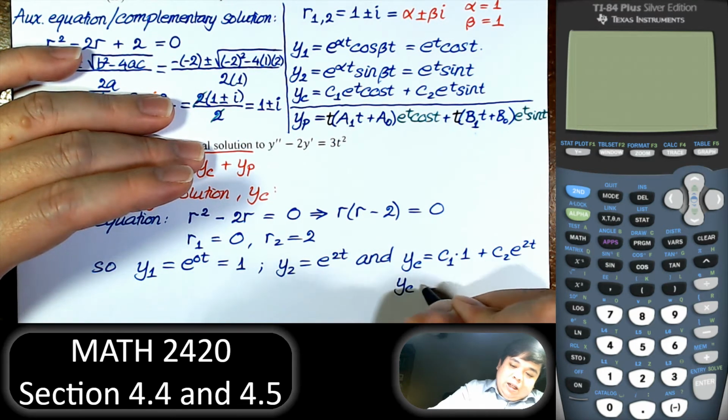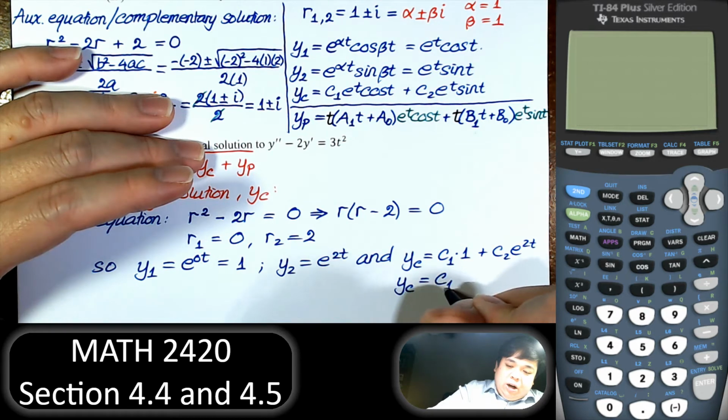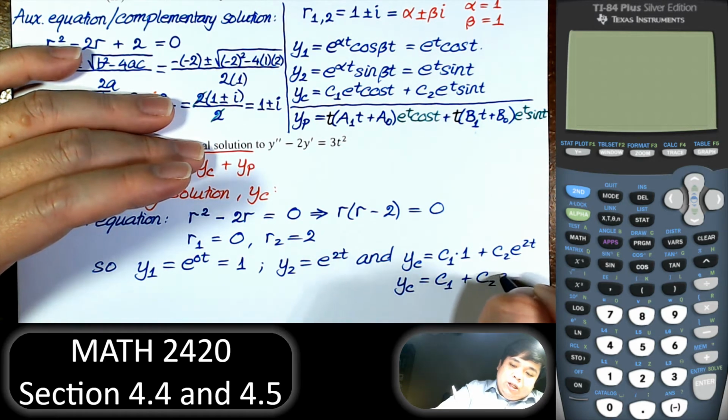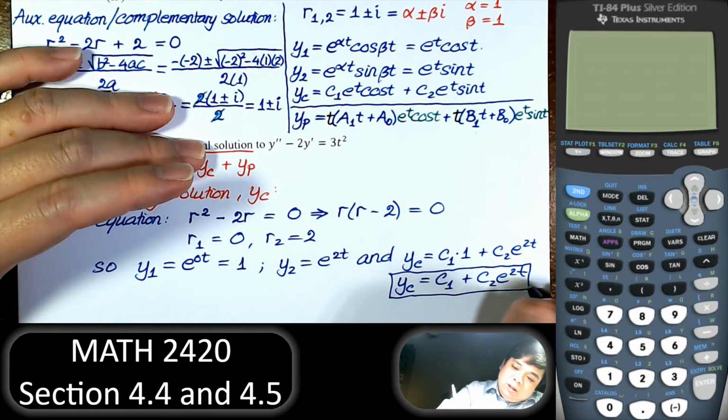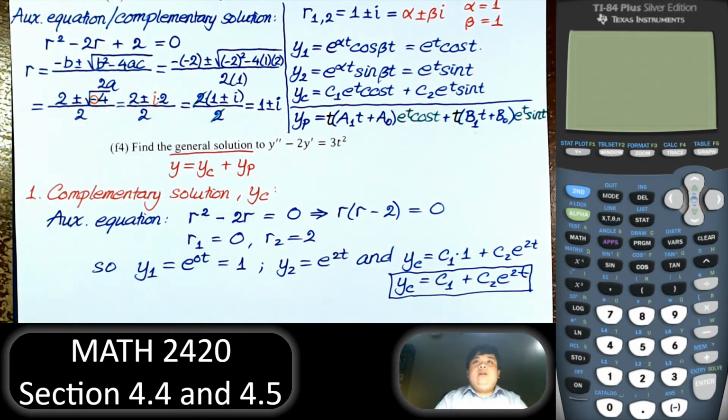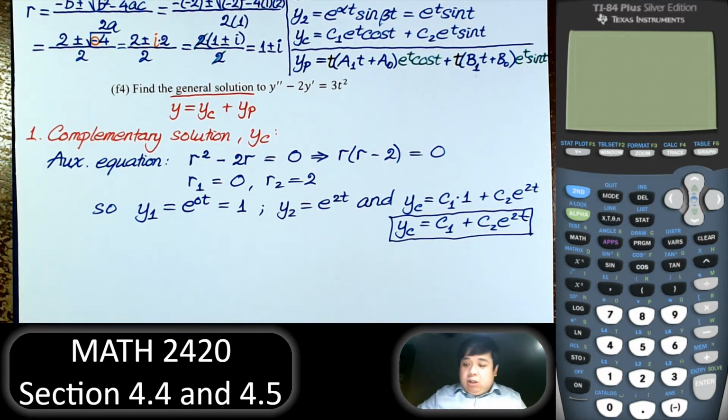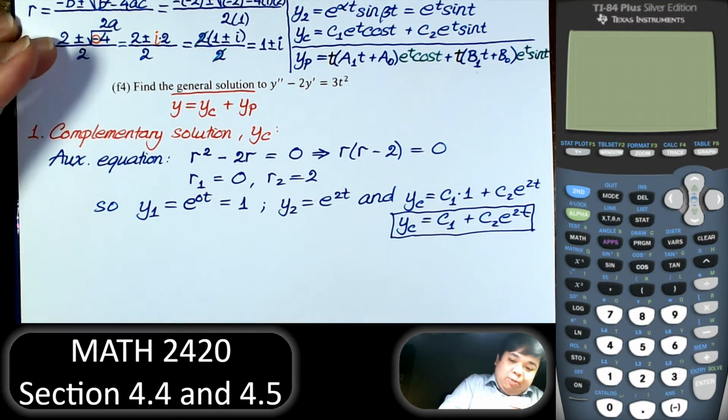So the complementary solution is c1 plus c2 e to the 2t. So that's what we have, the complementary solution. Now go to the particular solution.